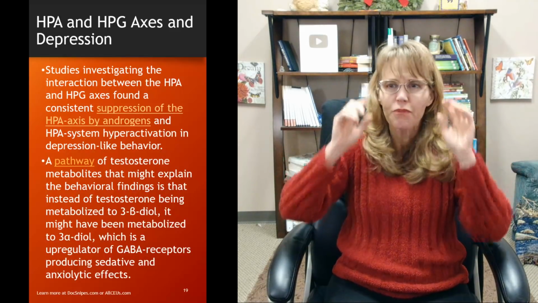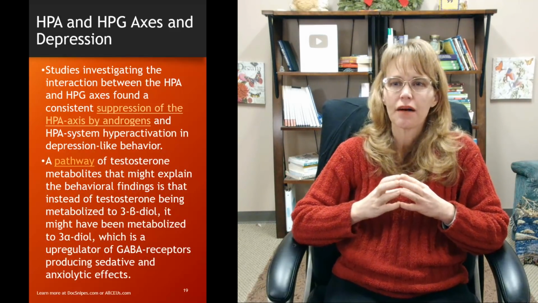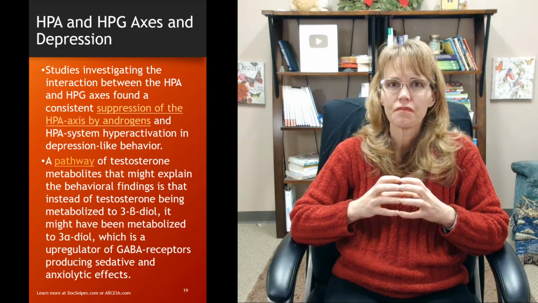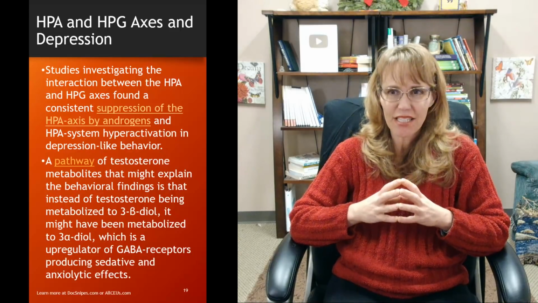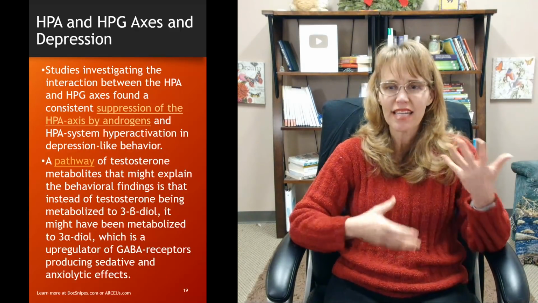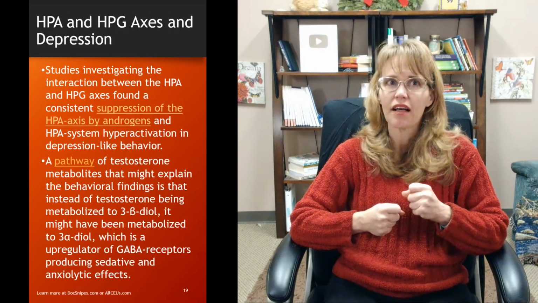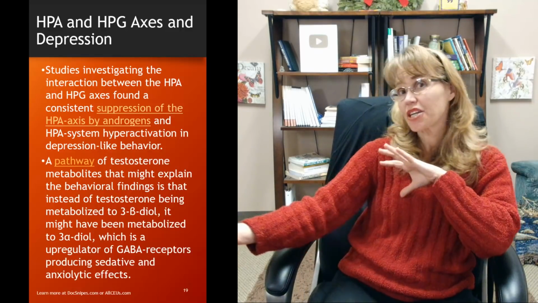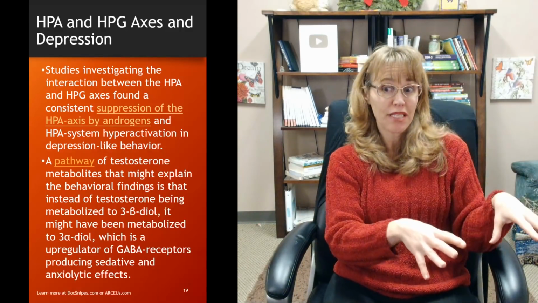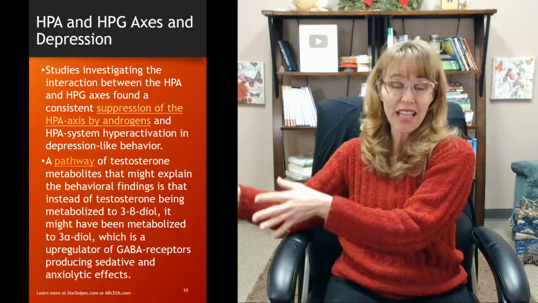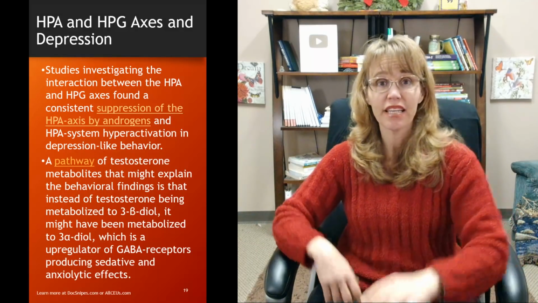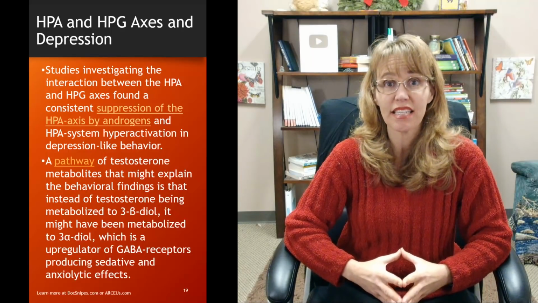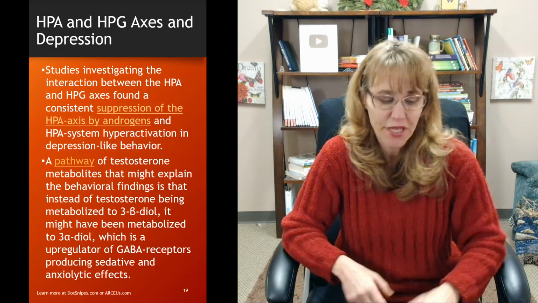So it's possible that in a normally functioning system, when the HPA axis is activated, there can be a feedback loop in which testosterone is actually converted to a metabolite that will promote relaxation and downregulating of that HPA axis at the appropriate time.